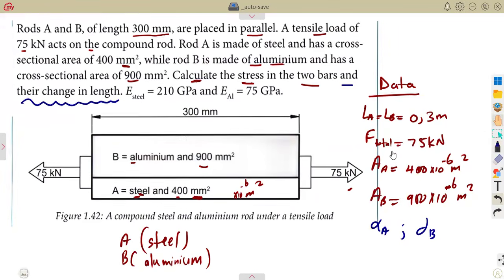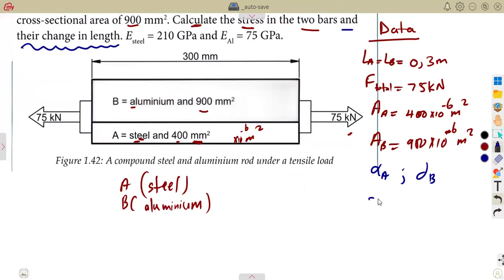Remember, it is a parallel, so the change in length is the same, the one at A and the one at B. They want you to calculate that. Given E for steel, remember steel represents A, and for aluminium, which is B, we are given their corresponding Young's modulus. All right, so let's see. What can we do?